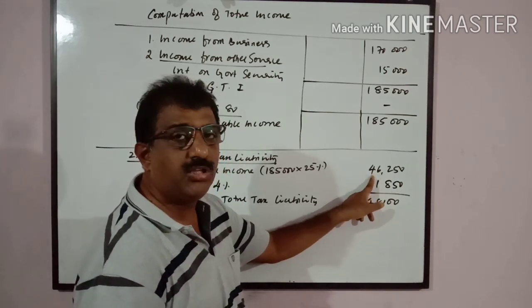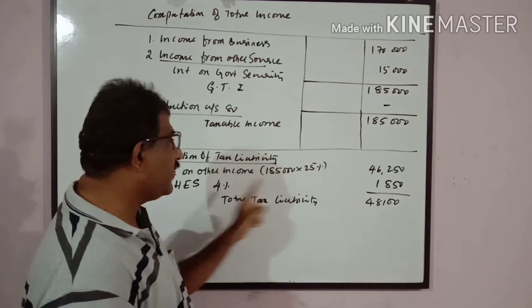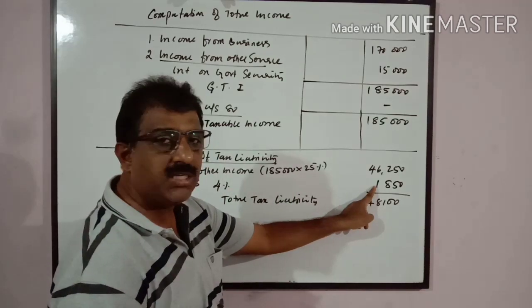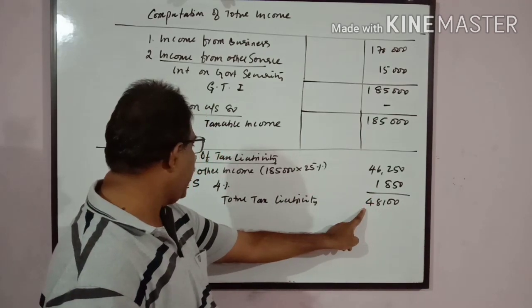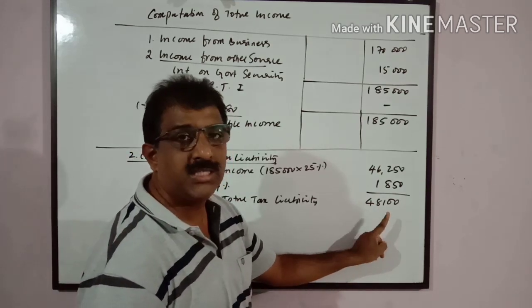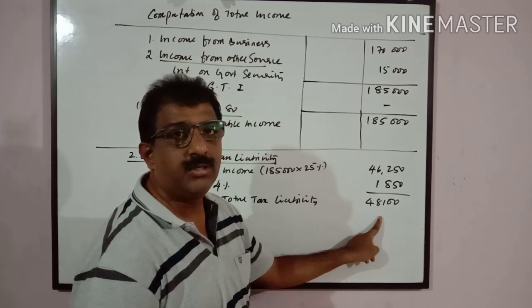To this, we have to add health and education cess at the rate of 4%: 46,250 into 4%, 1,850. Now the total tax liability comes to 48,100. This is the tax payable under the normal rate.